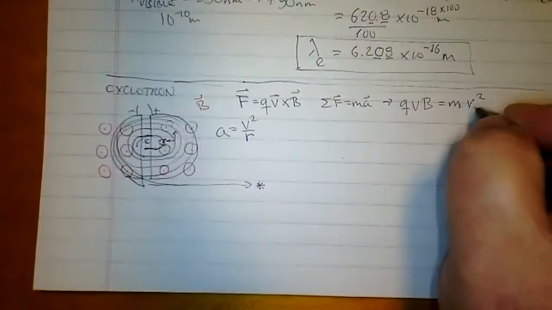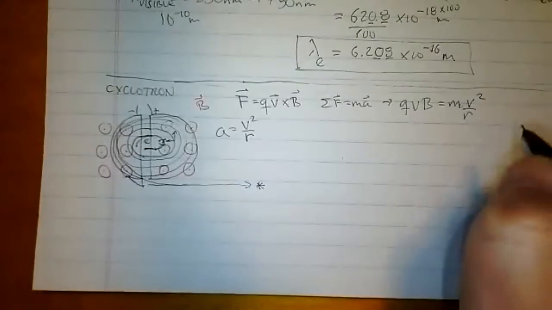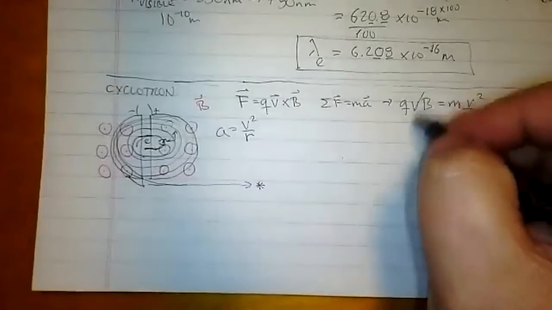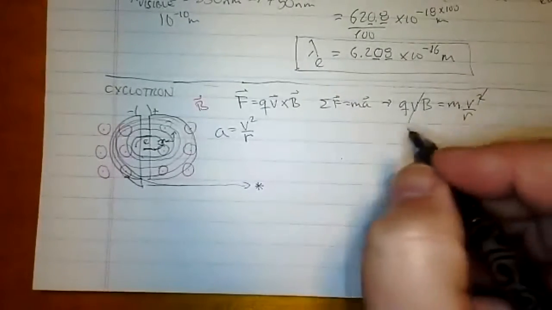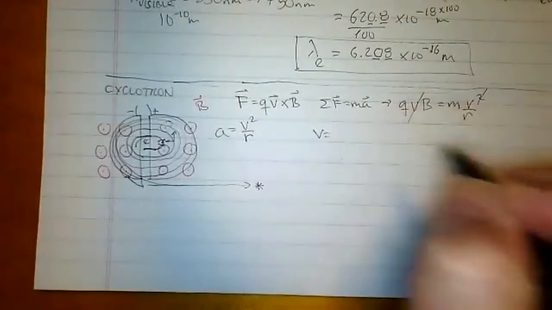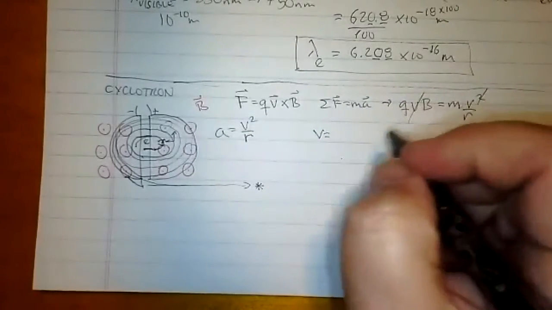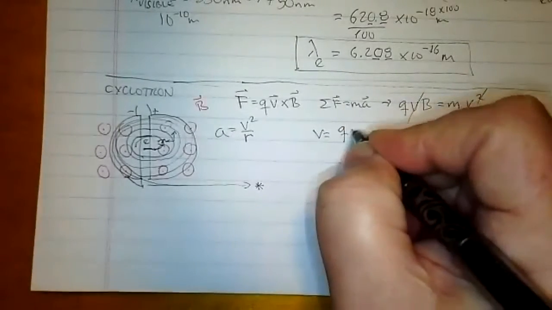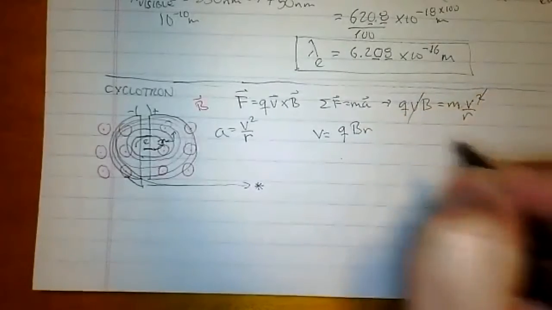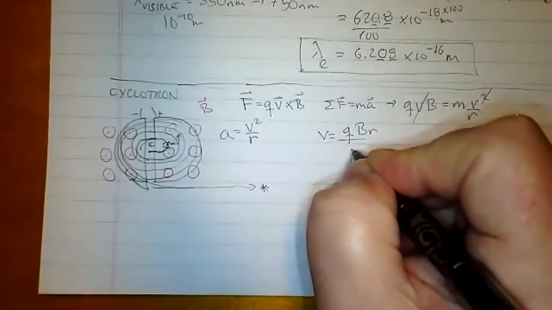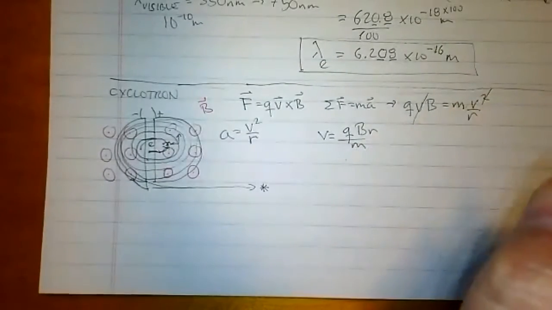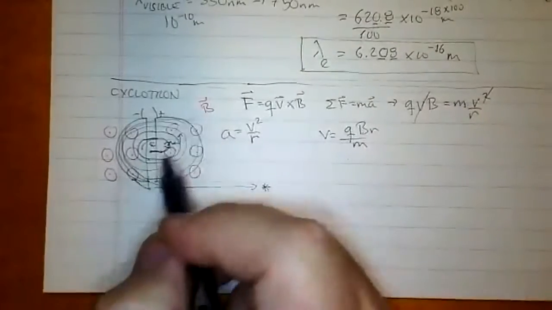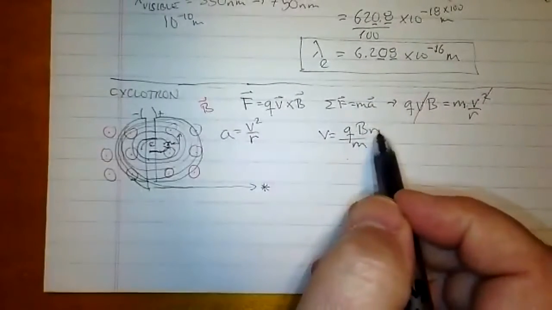And then this would be v squared over r. You can see that one of these v's, of course, is going to cancel out. And now you can determine that the velocity is actually going to be q times b times r over m. That's the velocity of this particle at any radius r.